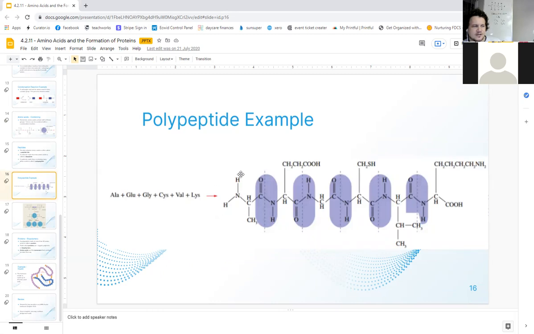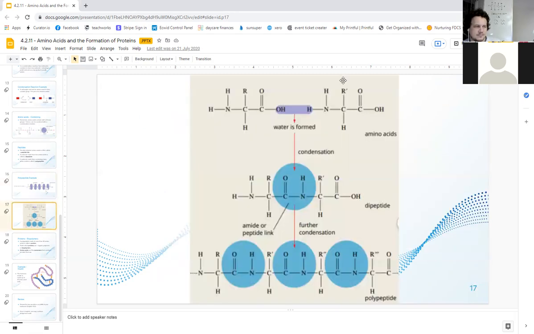Here we've got the amino terminus. Here we've got the carboxyl terminus or the C terminus. And each time one of these bonds is created, a water molecule is released. So that process just repeats.